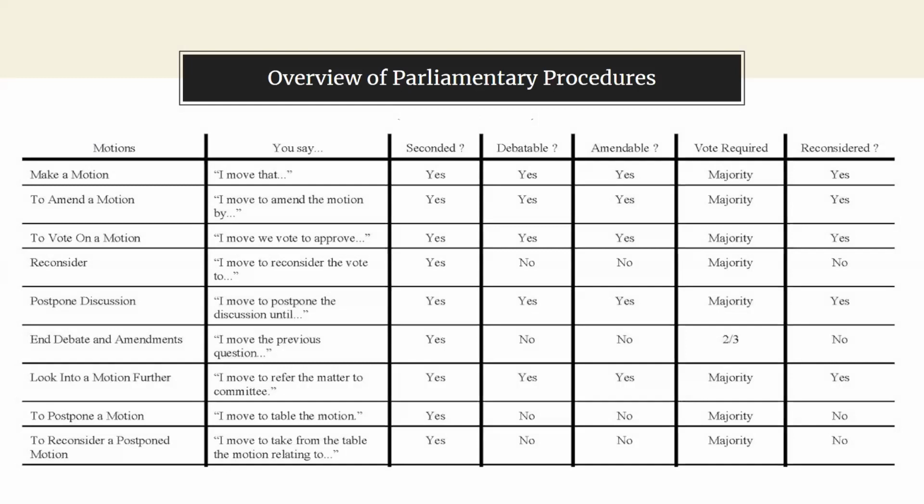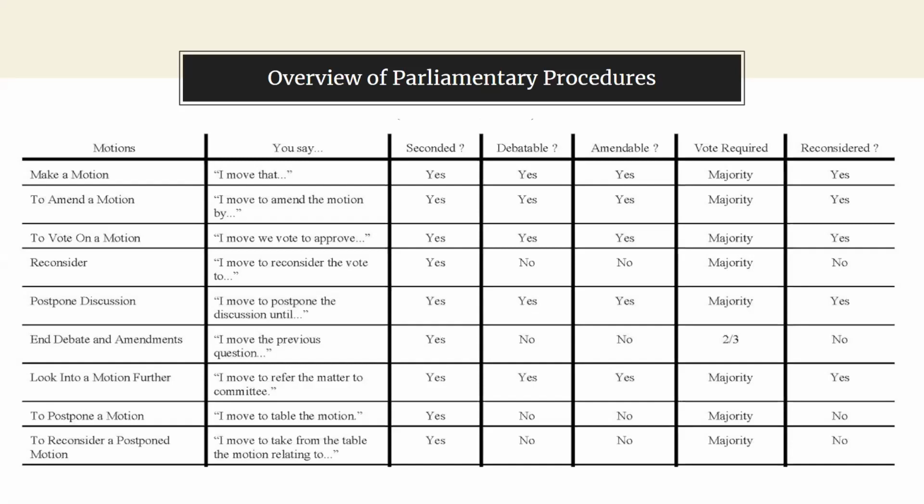And then you have over here the vote required. So during your meeting, you will have these different parts where it's like, okay, how many people do I need to have this thing passed? So a majority in this situation is just one more than half of the group.